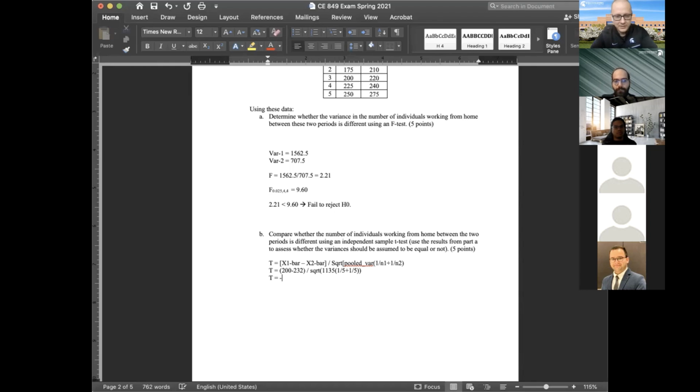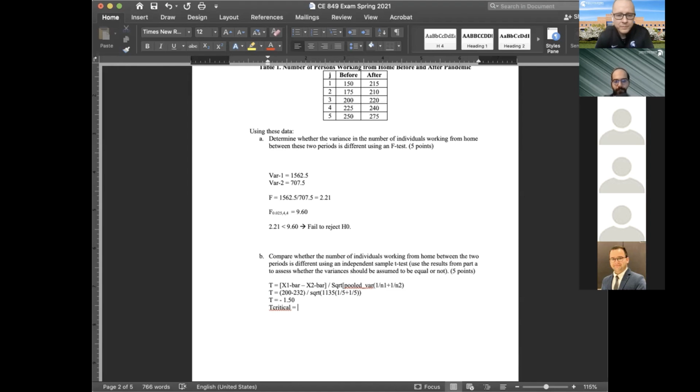And that t-statistic then is negative 1.50. The critical t in this case, would this be one-sided or two-sided? Anybody? Two-sided? Yeah, typically you'd set this up as a two-sided test. Now, if you provided sufficient explanation, you would not assume, perhaps, that the number working from home would go down during the after period.